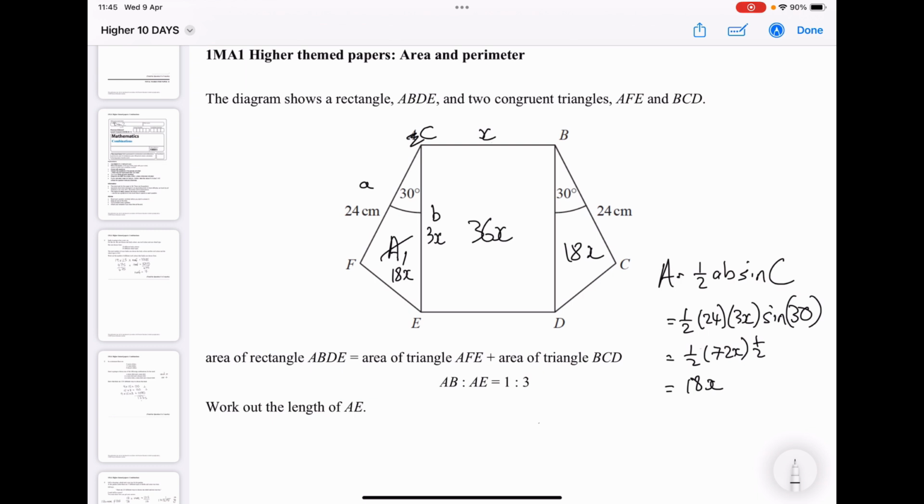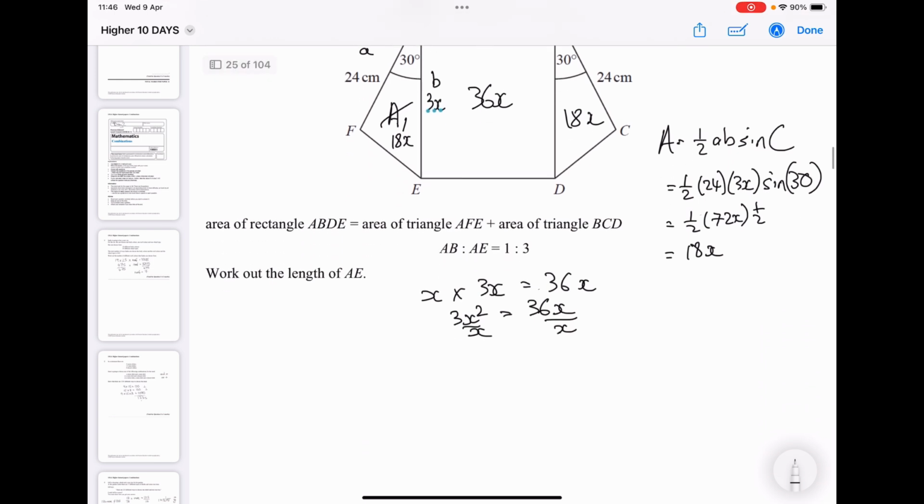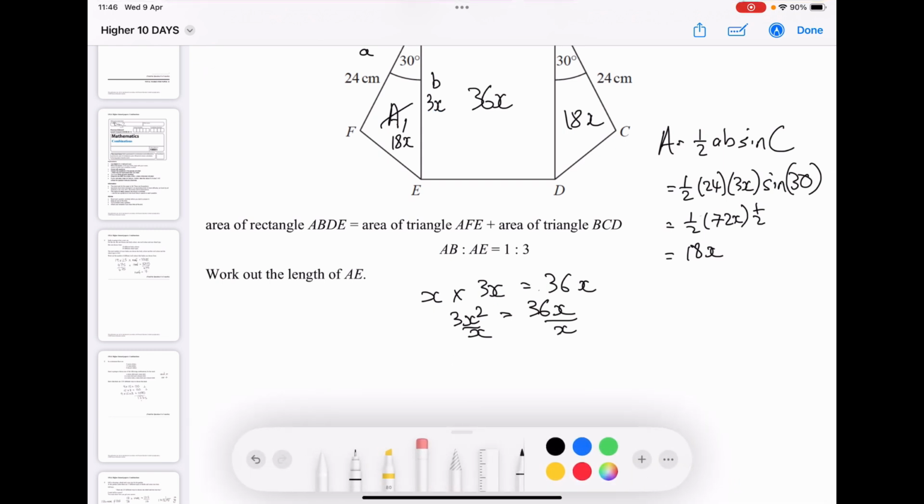The area of the rectangle is x times 3x, which is 3x squared, equals 36x. If I divide by x, what I end up with is 3x equals 36.